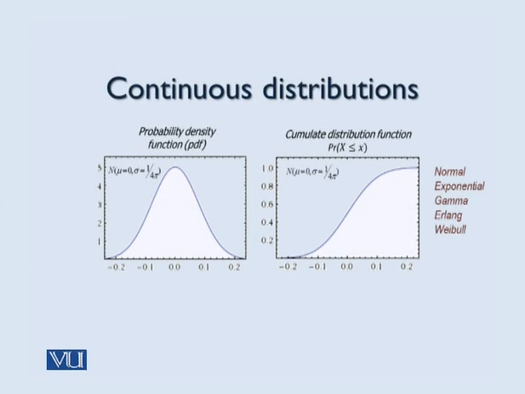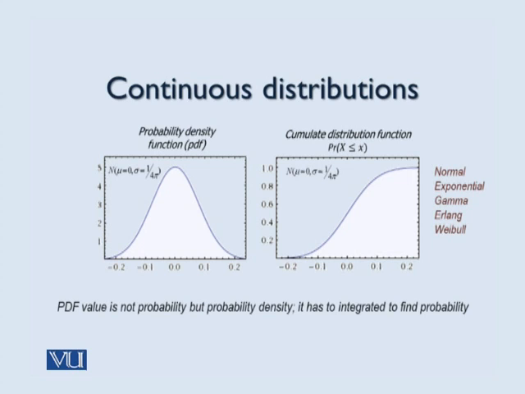You can see the PDF, the probability density function, which tells us the probability of the continuous random variable being in a certain range. But we must remember that in a probability density function, the y-axis does not represent the probability. It only represents the probability density.